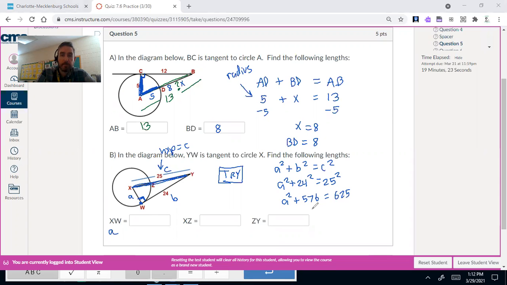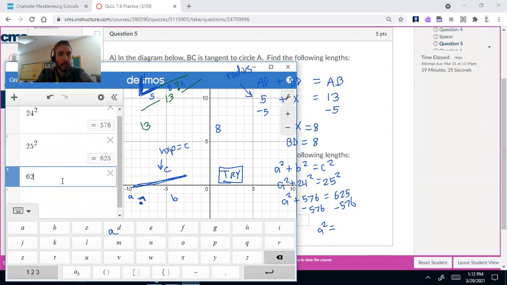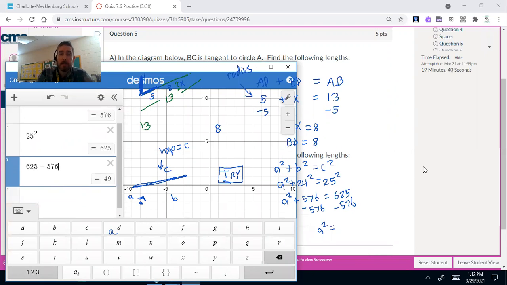Now we can subtract. So 625 minus 576 is 49. A squared equals 49.